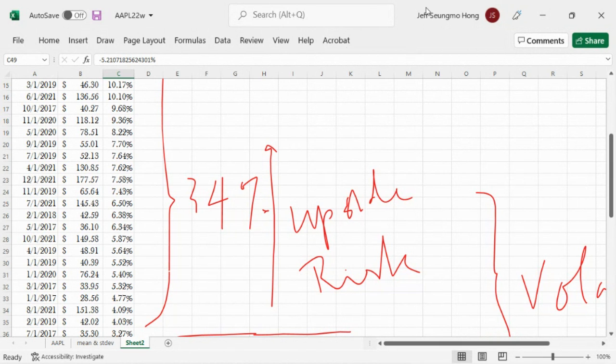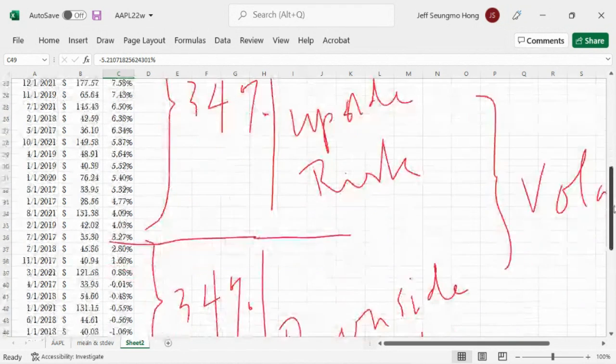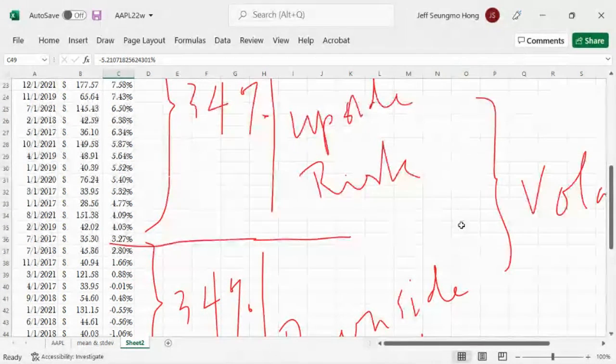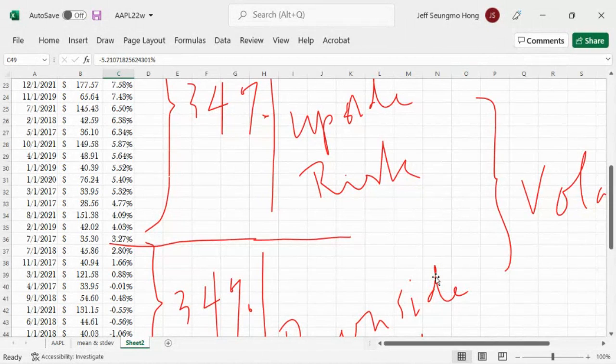Okay, surprise. In other words, the fact that it is that volatile, right? With the 68% probability, the actual return will be anywhere between 11% and -5%.